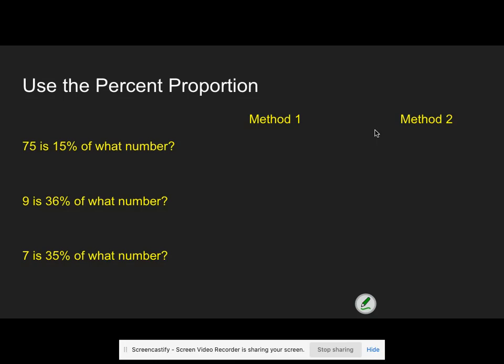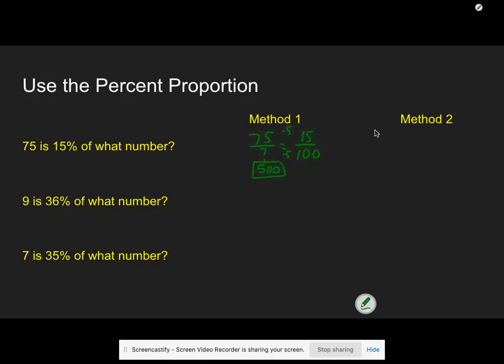So for this one, 75 over question mark equals 15 over 100. Well, I need to know what am I going to do to go from 15 to 75? Well, that's times 5. So 100 times 5 is 500.